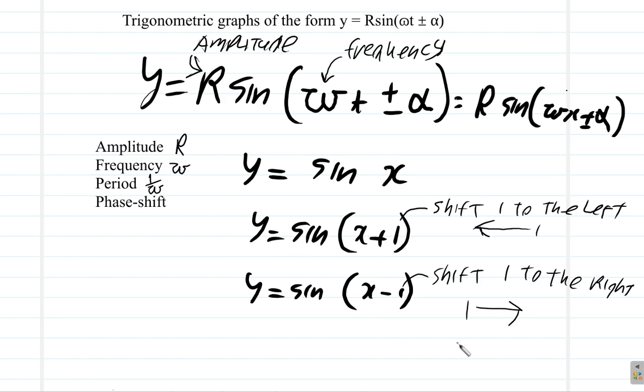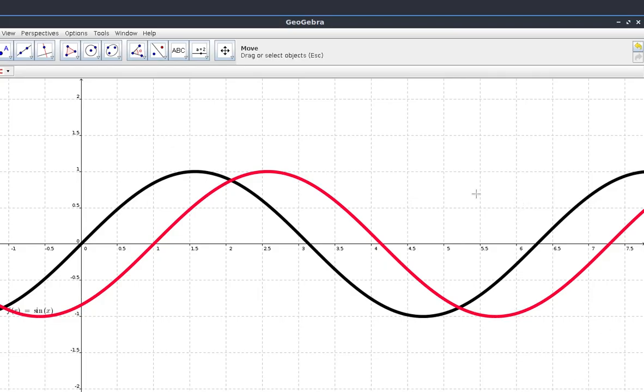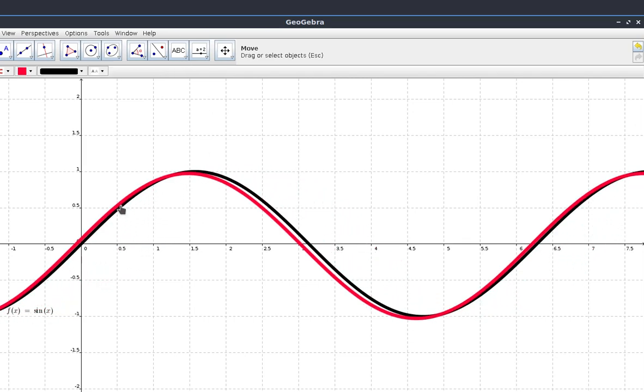It's somewhat like, say, you're standing on the black graph, and the black graph shifts to the right. Or let's say you're in a bus or a car, sitting down looking through the window, and it's parked on the black graph, then the car moved one place to the right.